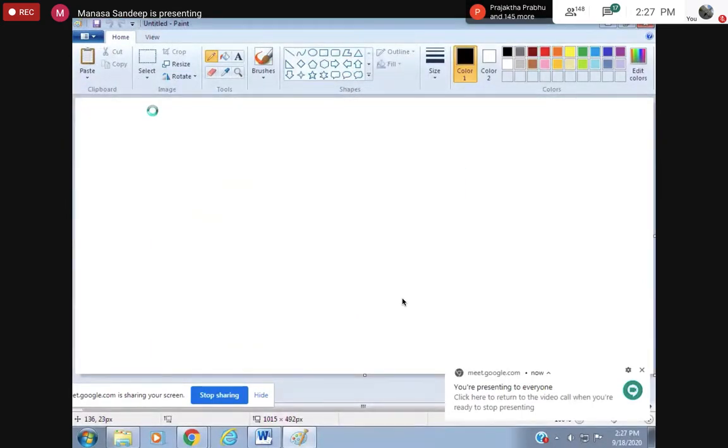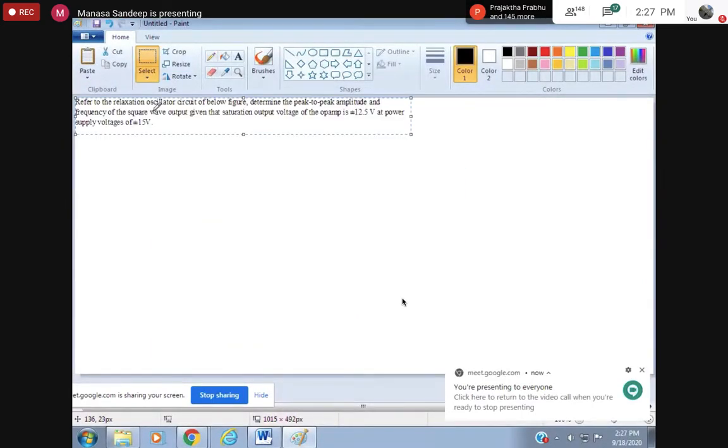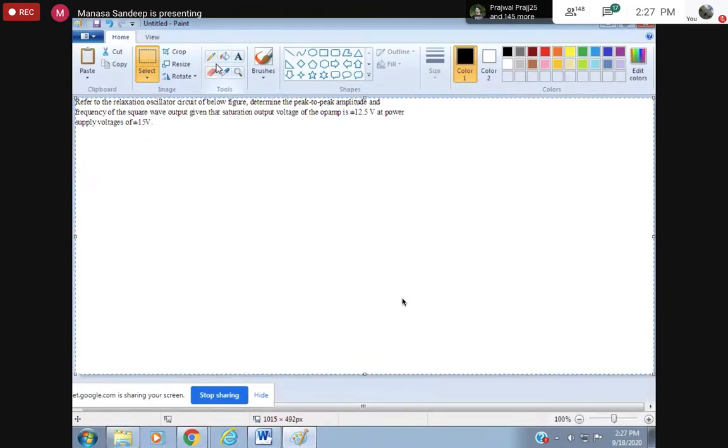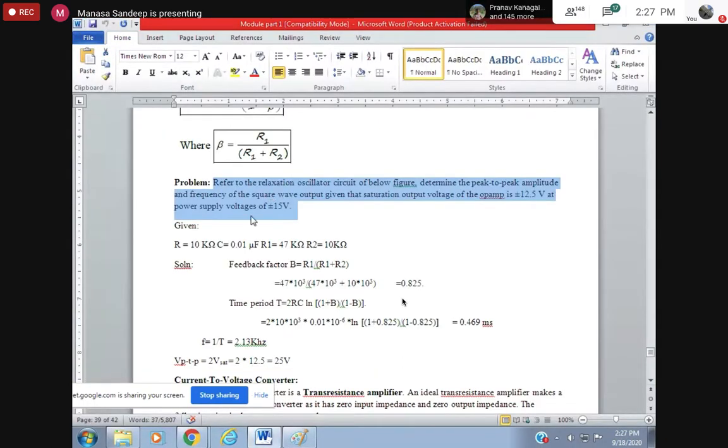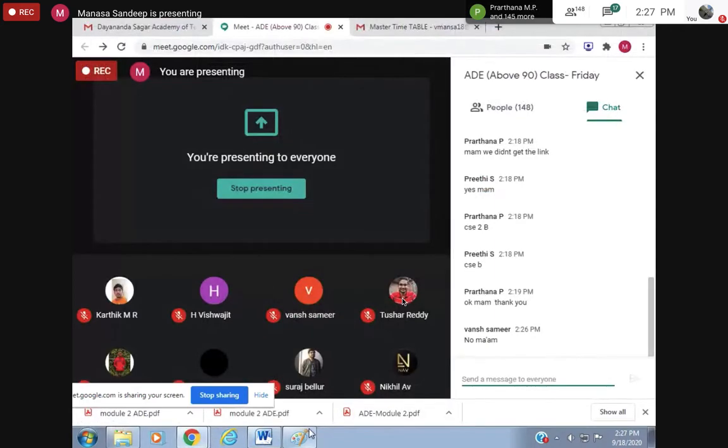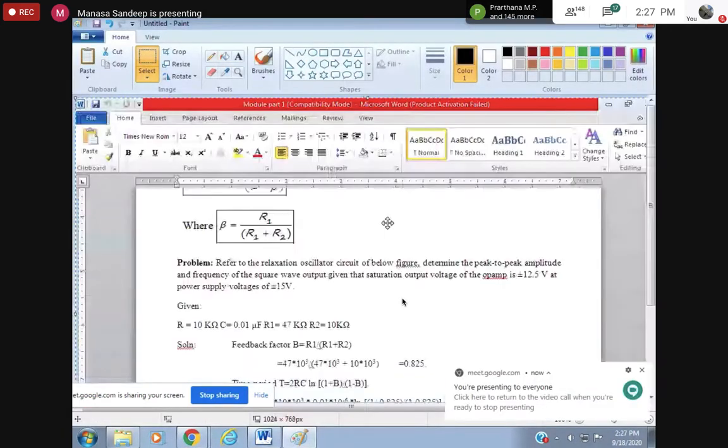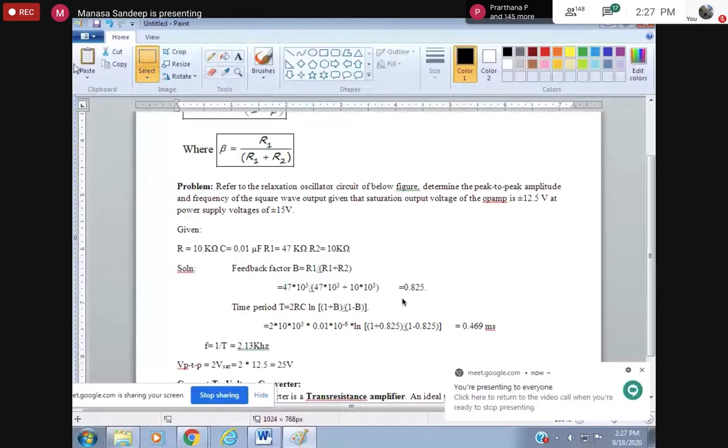I have already told you that when it comes to the numericals in this module, most of the times they won't even change the values. The same values will be given.